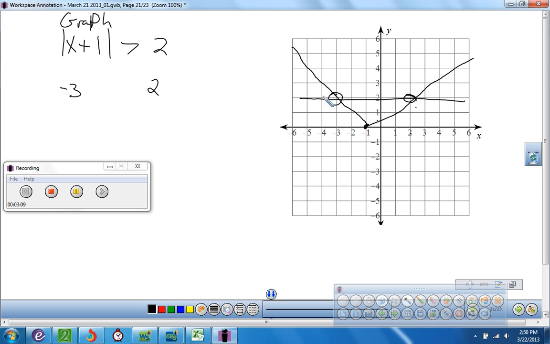So for this, we want it to come here. So we want x to be less than negative 3, or x to be greater than 2. Okay, so we want all this up here. So x is either going to be greater than 2 or less than negative 3.